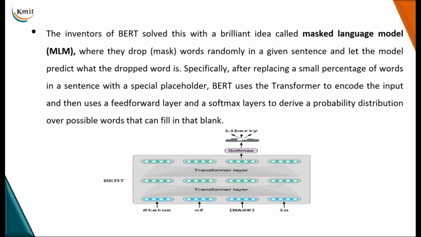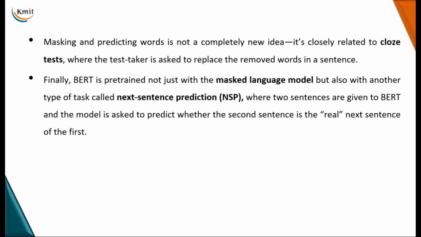Specifically, after replacing a small percentage of words in a sentence with a special placeholder, BERT uses the transformer to encode the input, and then uses the feed forward layer and the softmax layer to derive the probability prediction of the possible words that can fill in that particular blank. Okay, so here we are using the concept of what?